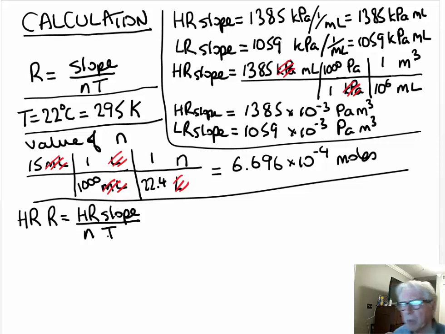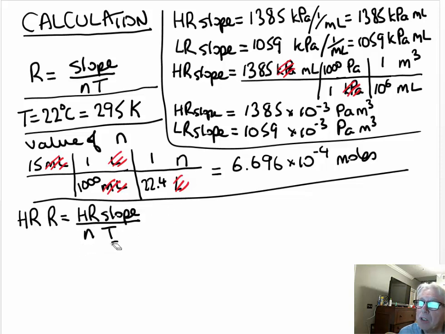If we want to be really picky, we could say, well, the temperature could be as big as 22, or maybe as small as 21, and we could have a little variation there. And maybe n, well, maybe we had 14 milliliters rather than 15 milliliters. So we could have some variation in these two, in which case we take the highest reasonable slope, the lowest reasonable n, because we want the biggest answer, and the lowest reasonable t.